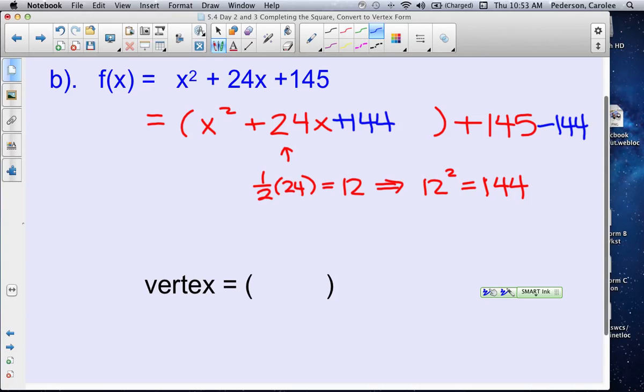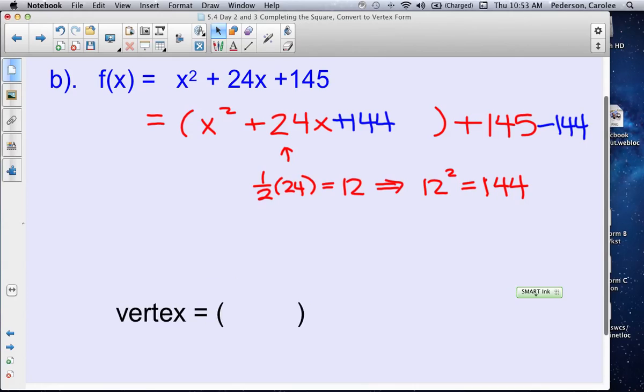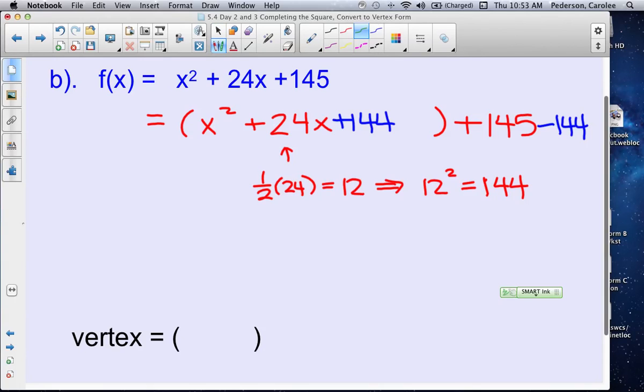Now we're set to factor this trinomial. What are the factors of 144? So what two multipliers of 144 add to 24? Again, it's whatever you're taking to get the half of. So 12 times 12 is 144. When I add 12 plus 12, I get 24.